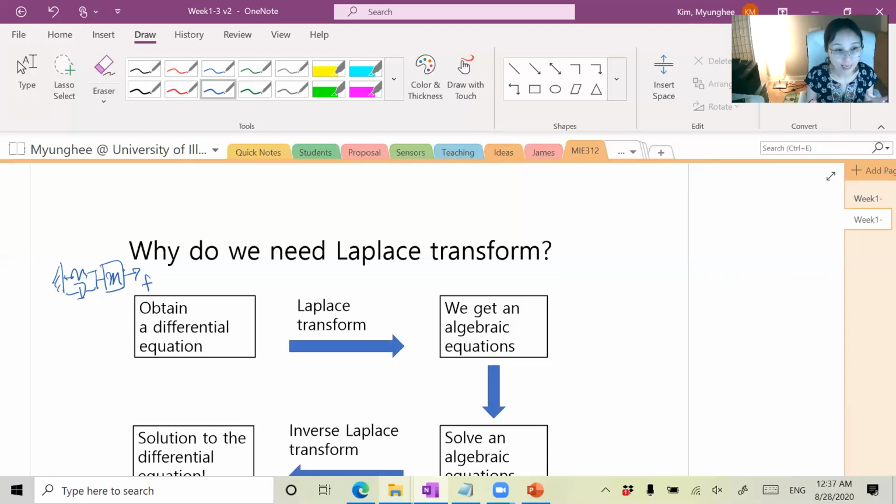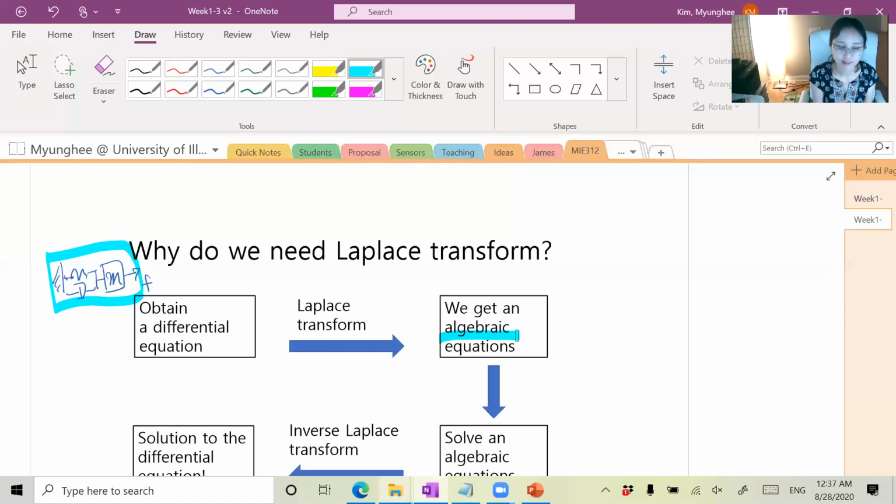And by taking Laplace transform, this whole system becomes a separate system with an input and output relationship. And additionally, we can do algebraic equations. You don't need to do the complex calculation. It can become algebraic equations, so we can solve for algebraic equations.